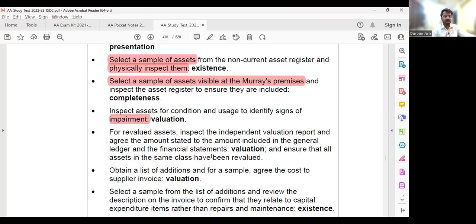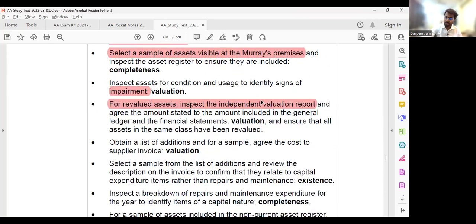Now, you are not the expert person to talk about fair market value. So you can take the help of an expert and that expert can give you a valuation report. So get a valuation report for the revalued assets and check whether that revalued amount agrees to that report or not.